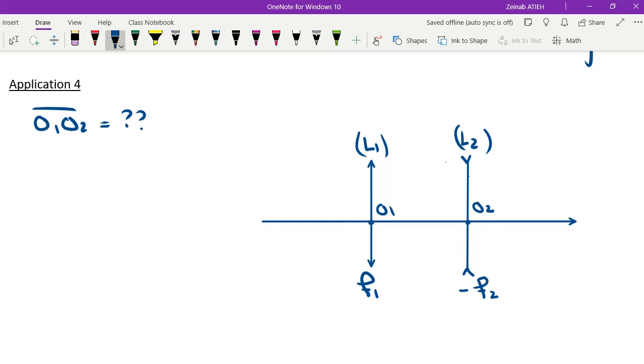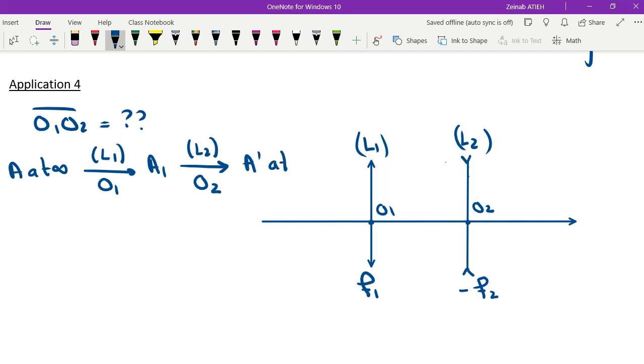To find O1 O2, I have to work with the things that are given. I have light coming parallel that will emerge parallel at the end after passing through both lenses. So I write what I know. I have object A at infinity, which first passes through lens L1 with optical center O1 and gives me image A1. A1 is an object for the second lens L2, the diverging lens with optical center O2, which gives me the final image A prime at infinity. So I know the positions of A and A prime, both of them are infinite because the light comes parallel and leaves parallel. Okay, from these two pieces of information I will try to find A1, once with respect to O1 and once with respect to O2. Okay, so I get information about O1 and O2.